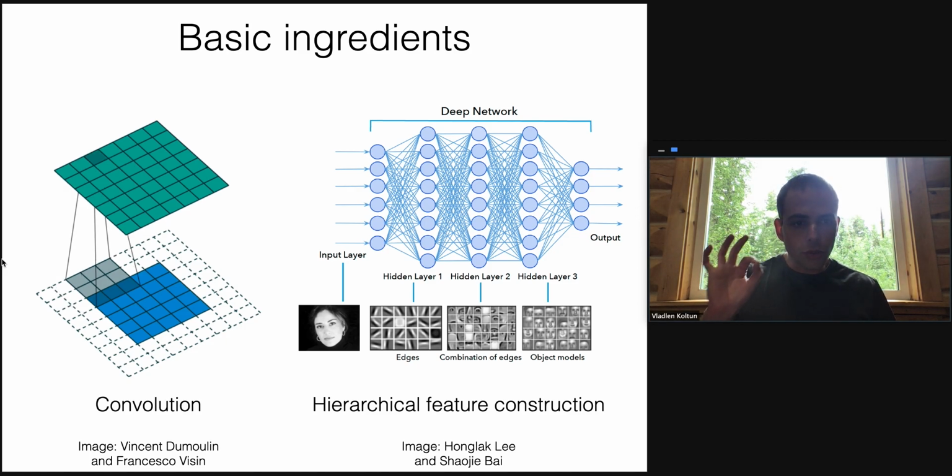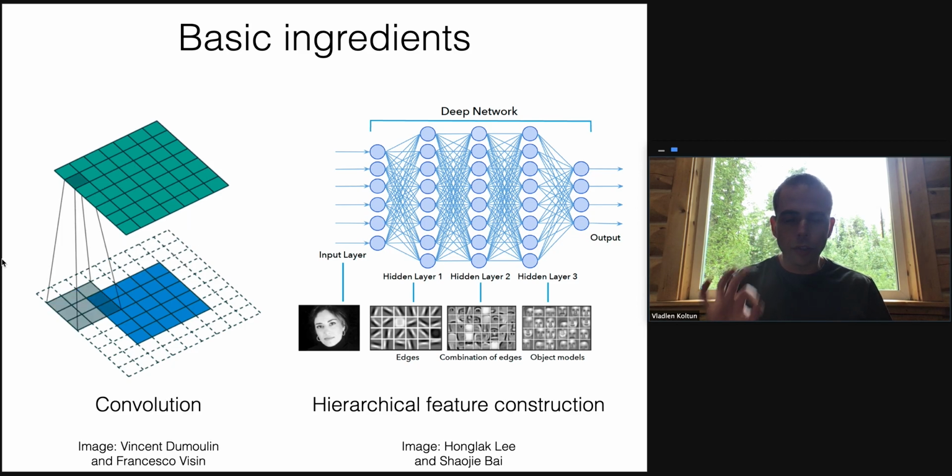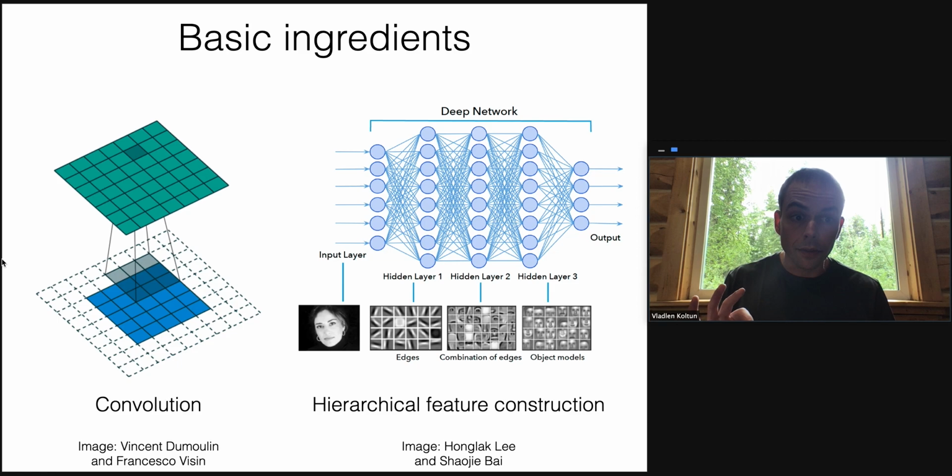Well, there are two ingredients that we are going to focus on today. The first is the convolution operator itself. The convolution operator is shown on the left. It is the very basic operator in convolutional networks. And in the first work we're going to see today, we're going to question whether we need the convolution.